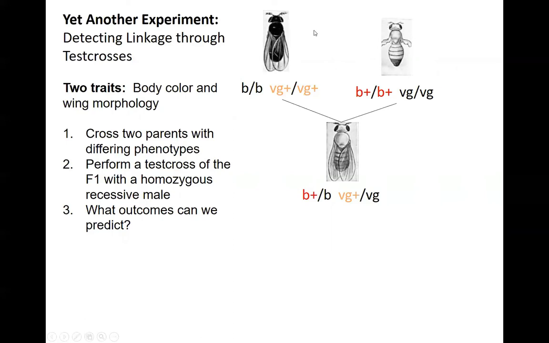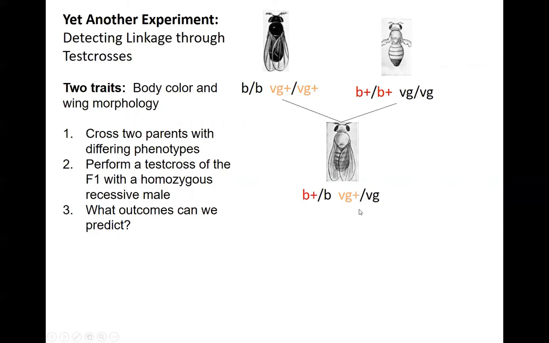We're then going to see that we have two sets of wing morphology here. We're going to have wild type wings, again noted with the plus, and vestigial wings, which is the recessive trait. So we're always going to set this up looking at our actual F1. Obviously this fly is going to end up being heterozygous for both traits.